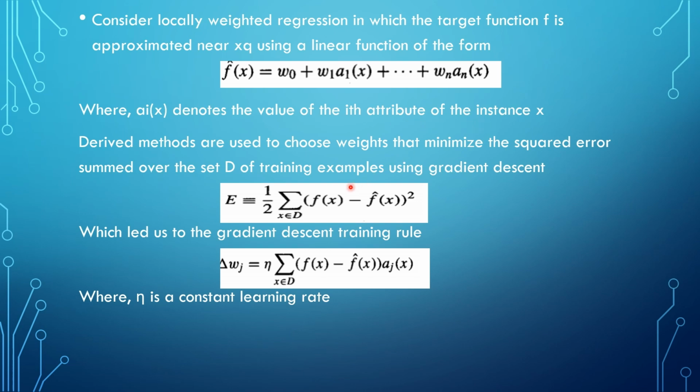So, on the training data examples, if we want to minimize the squared error, we use a gradient descent rule.